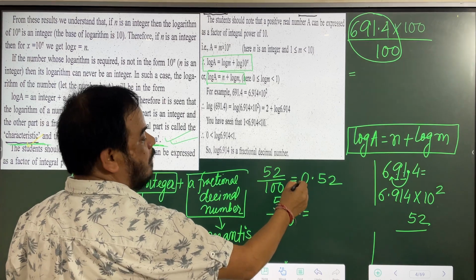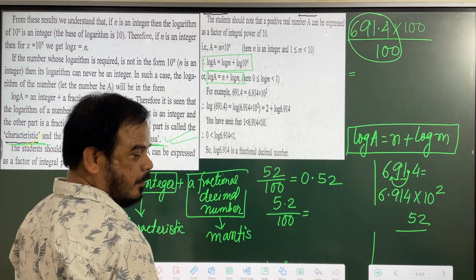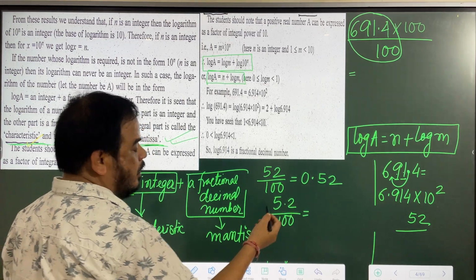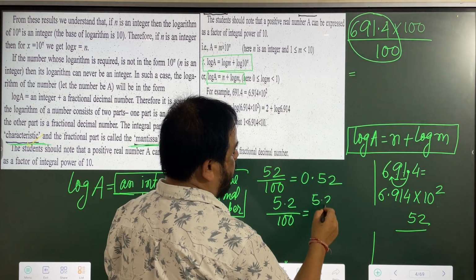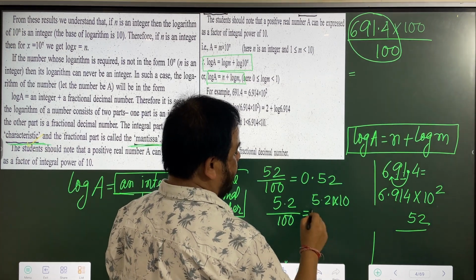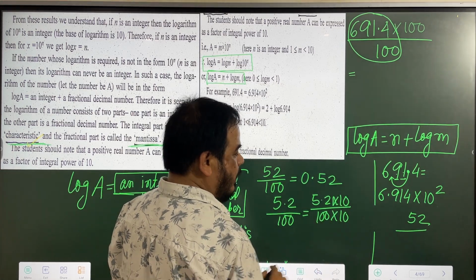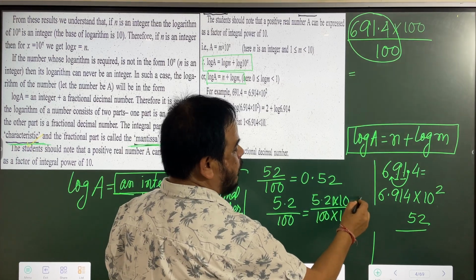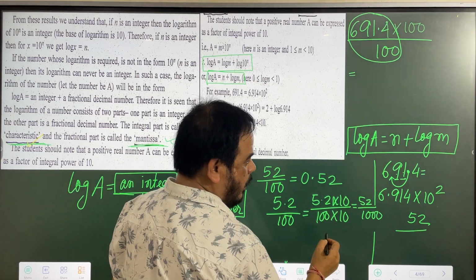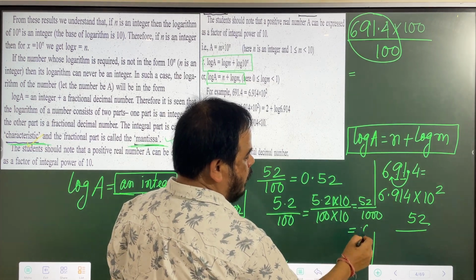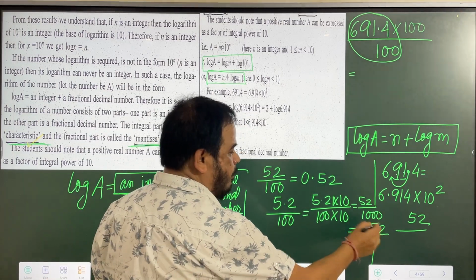Multiply numerator and denominator by 10. Then 5.2 into 10 is 52, and 100 into 10 is 1000. So what will you get now? 0.052.